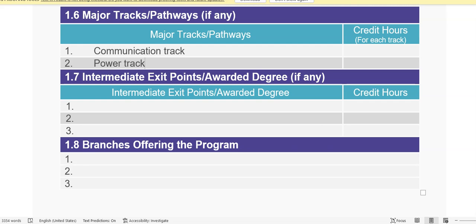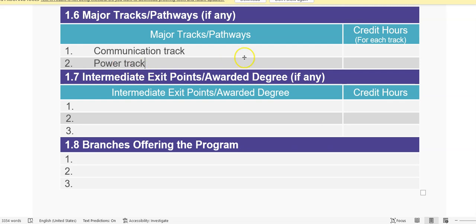If you have them, write them. If you don't, don't write. A track is a path that the student can select after finishing some credit hours. For example, in an 8-level program, after the 5th or 6th level, the student can take the last 2 levels to focus on another path or some specialized subjects.